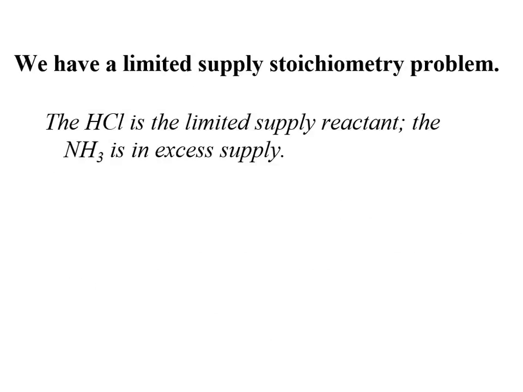So let's see what we got. Like I said, in this sort of problem, whether it's, like in this case, a strong acid that's converting some of your weak base to its conjugate acid, or if you have a strong base that's converting some of a weak acid to its conjugate base, the strong acid or strong base is in limited supply.